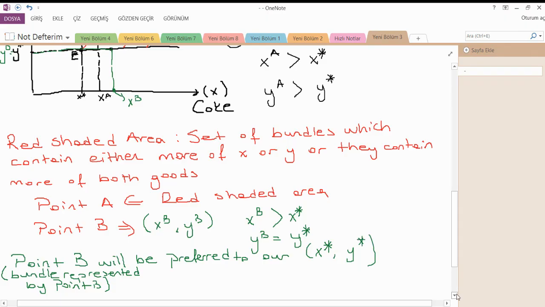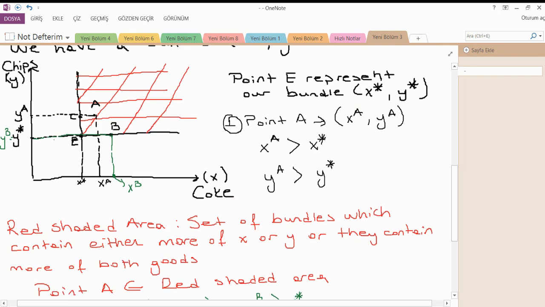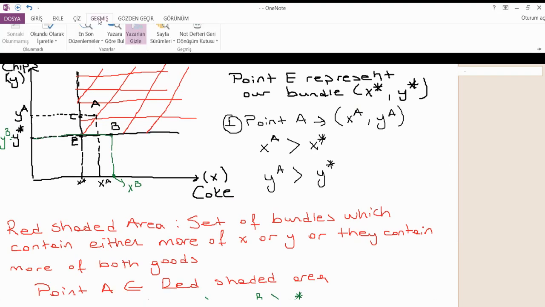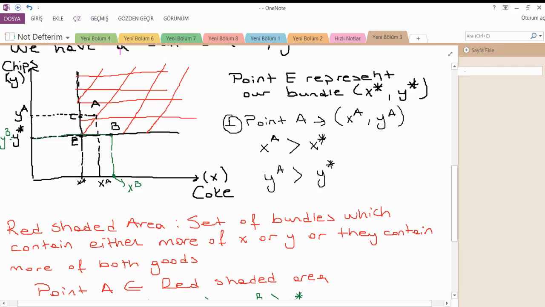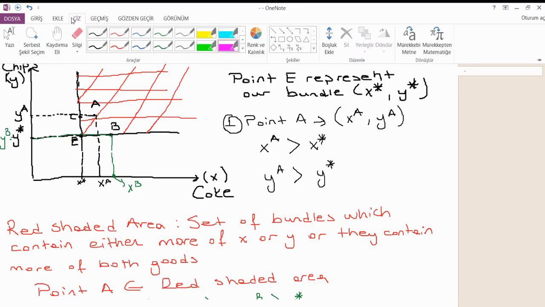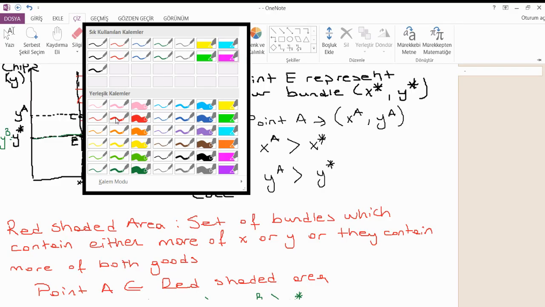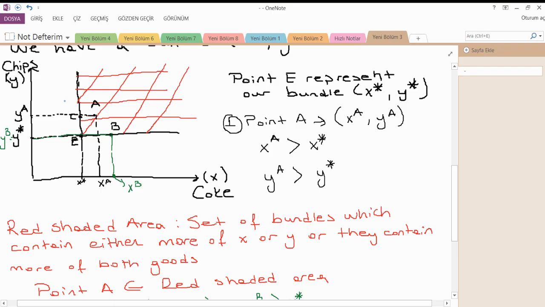The same thing is valid with point C. Let's look at point C. I'm going to choose another color. Blue, okay.